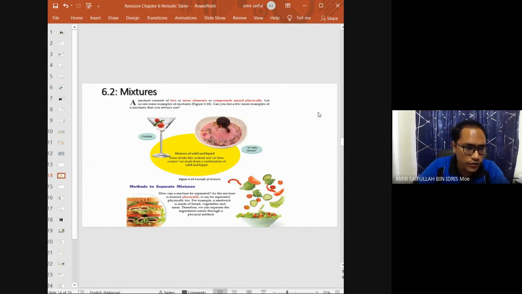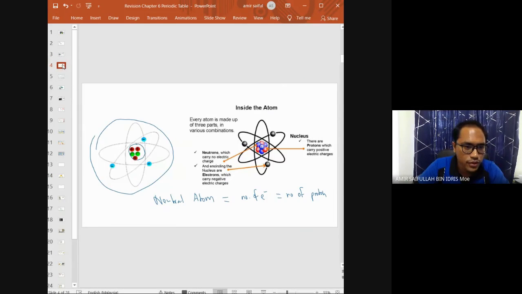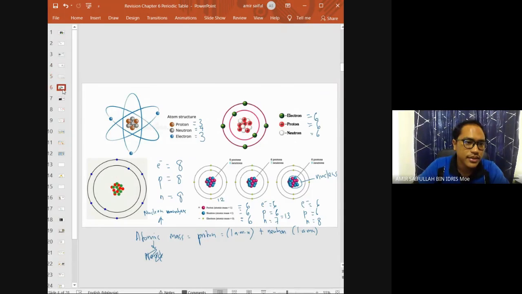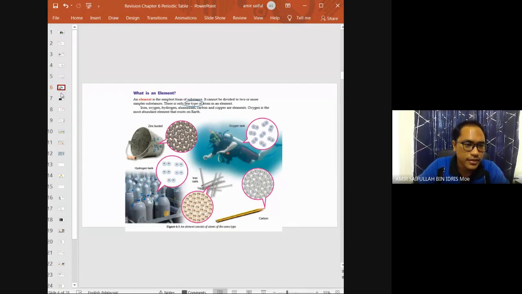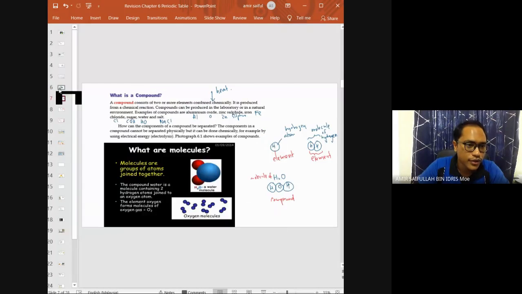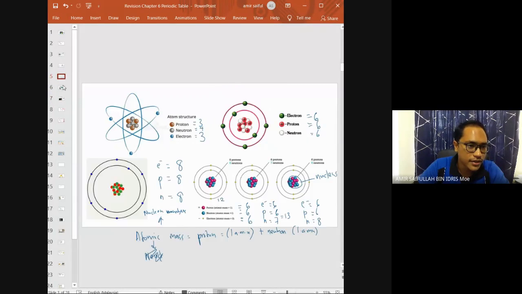Okay, that is all for chapter 1, classification of elements. So we have learned the differences between atom, molecule, compound, element.